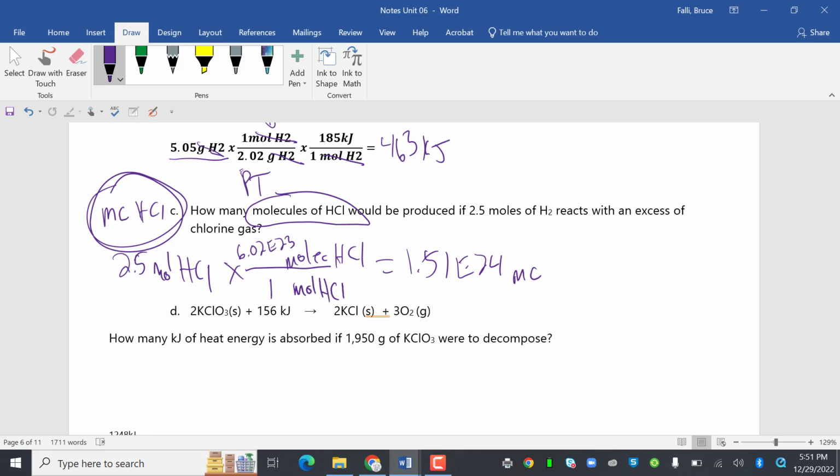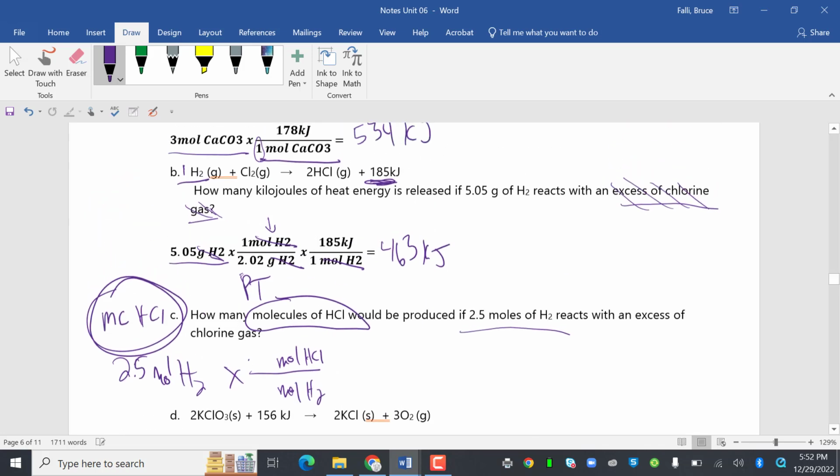I like MC for molecule abbreviations. HCl. What? Oh man, I wrote down the wrong thing. 2.5 moles of hydrogen. I'm wrong. I'm going to erase that real quick. 2.5 moles of not HCl, but H2, times moles of H2, moles of HCl. Notice I have to go into HCl first. It helps if you read your question.